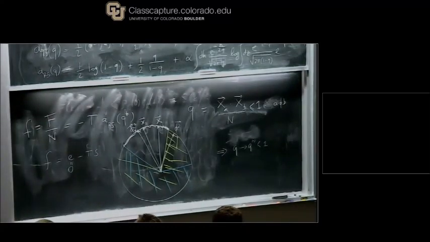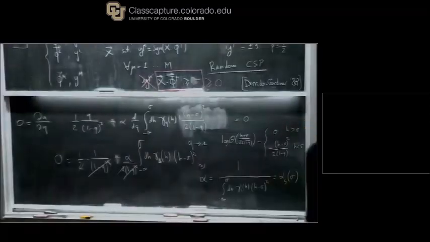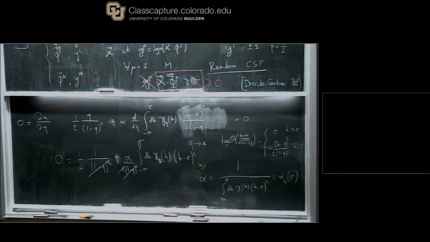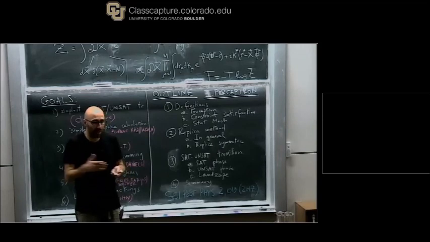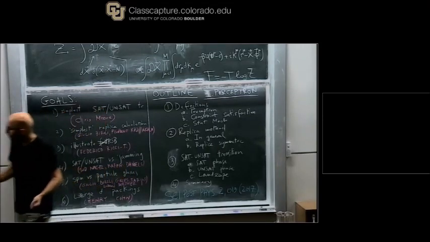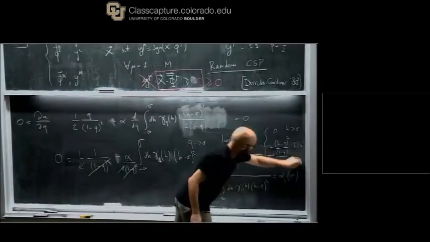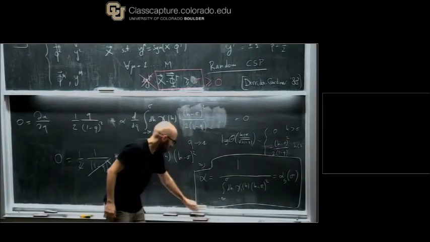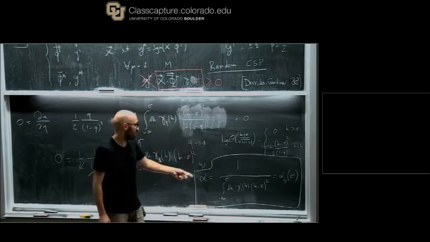I take the zero temperature limit in the SAT phase, where Q is smaller than 1. I get something, and then I say, okay, now in order to find the transition point where the SAT phase does not exist anymore, I have to send Q to 1. And Q goes to 1 when alpha reaches this value here. Which, by the way, for sigma equal to 0 is equal to 2.